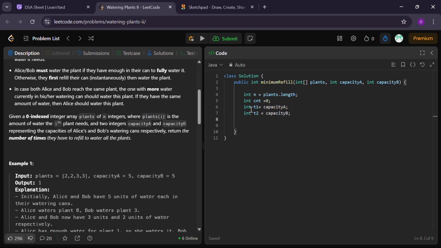Now this job is done. The next part, we need two variables. First, which is iterating from left to right, and the second, which is iterating from right to left. Now we will be iterating until both meet.